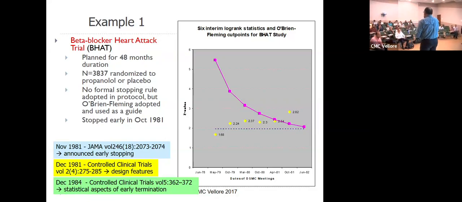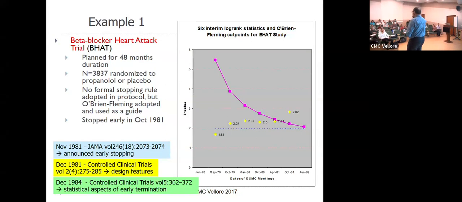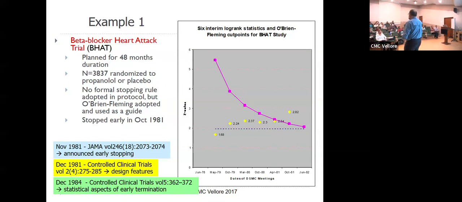And this is what makes the members of the Data Safety Monitoring Board not sleep at night. They are stressed by worrying, what am I doing by not stopping the study early? Or what am I doing by stopping the study early? Because when you stop the study early, you may not be able to look at long-term effects of that medication.